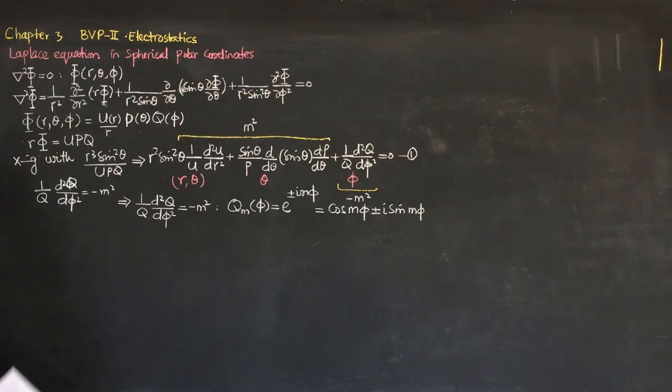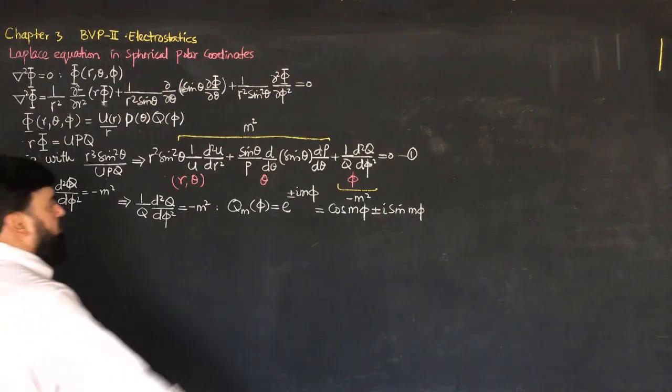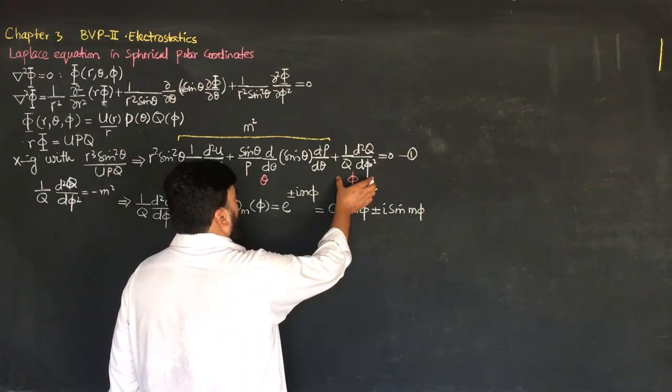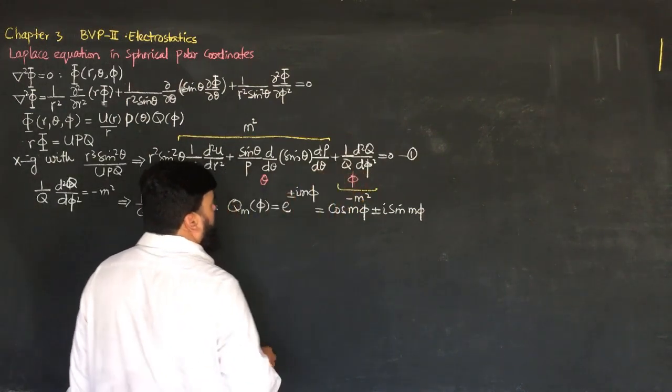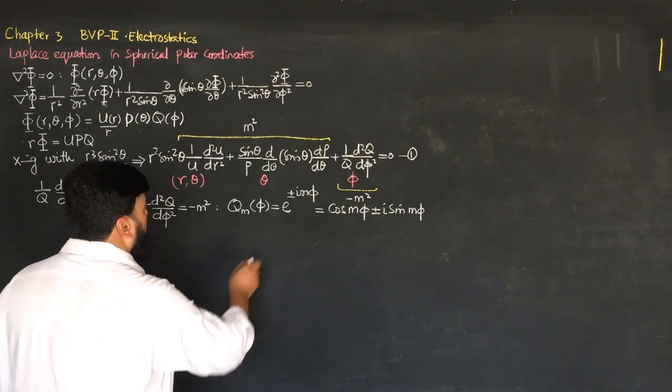So this is the solution of this part. We compared this portion to m squared, and this portion to minus m squared, and we got this solution.